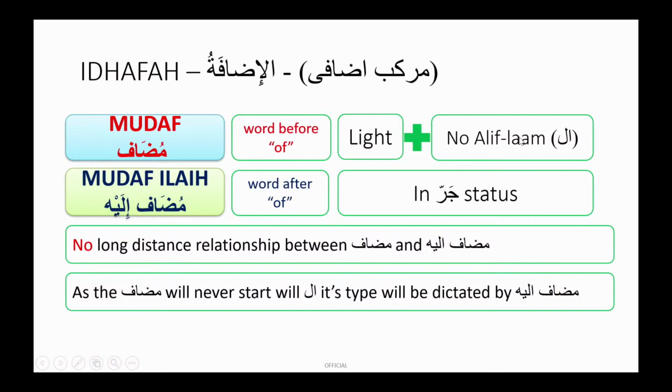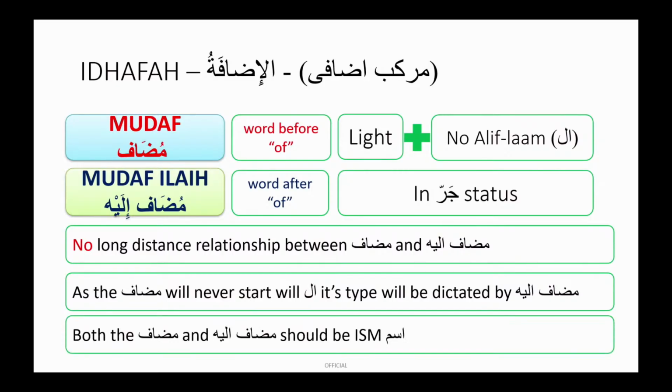How would we know that the first ism is proper or common? For that, we just went through the example as well: if the Mudaf ilayh is proper, Mudaf also would be considered proper. Clear? Yeah, that is the grammatical rule. So if the Mudaf ilayh is proper, Mudaf will also be considered proper. Is it clear?